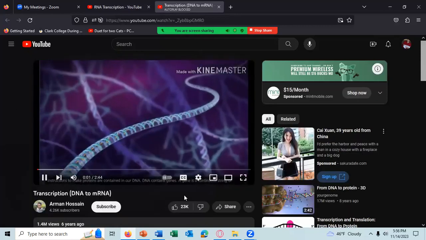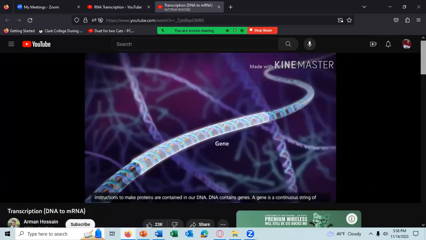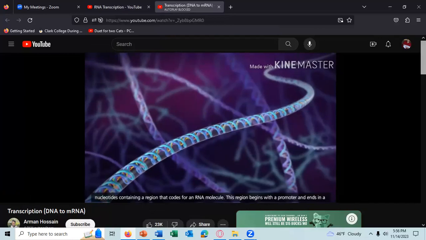Genetic proteins are contained in our DNA. DNA contains genes. A gene is a continuous string of nucleotides containing a region that codes for an RNA molecule. This region begins with a promoter and ends in a terminator. Genes also contain regulatory sequences that can be found near the promoter or at a more distant location. The promoter region of the gene functions as a recognition site for RNA polymerase to bind.